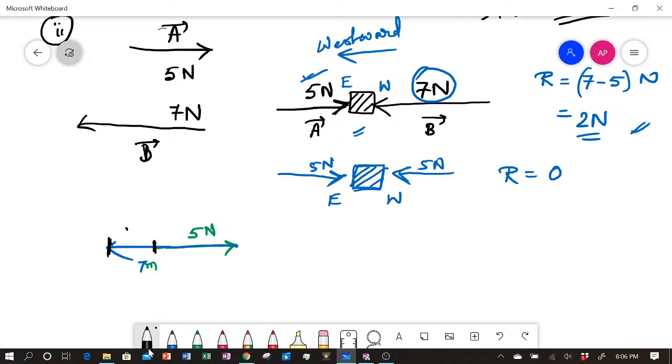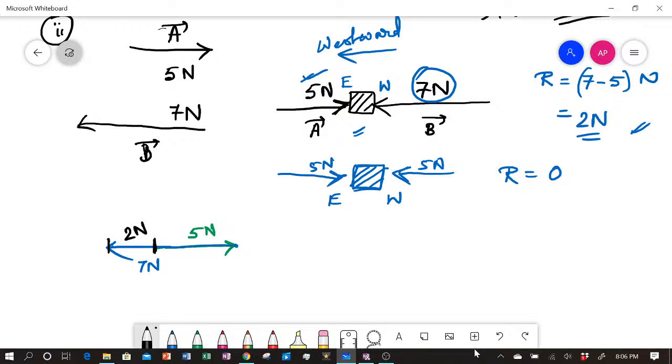So it is 2 meters. Sorry, it is not meter, it is Newton. We are dealing with forces, not distances or displacements, right? So this is 2 Newton.